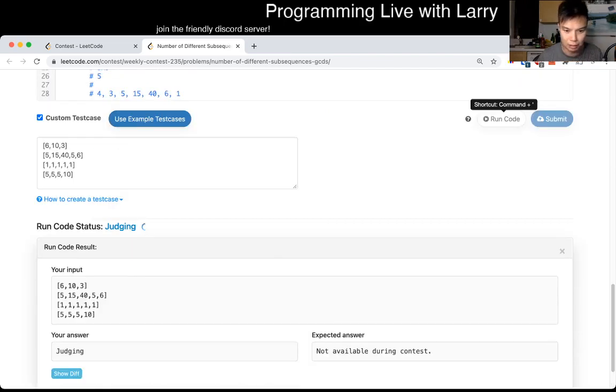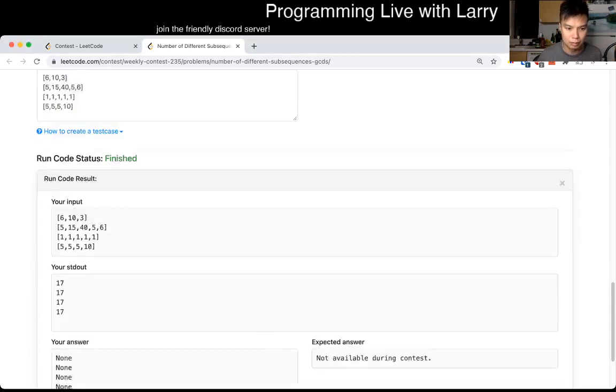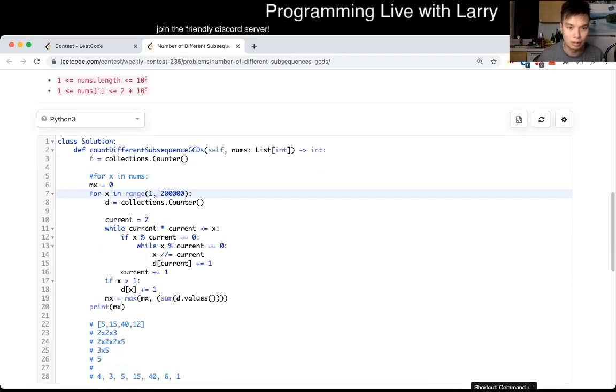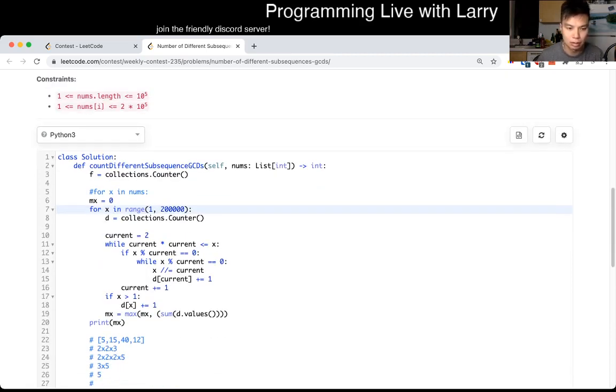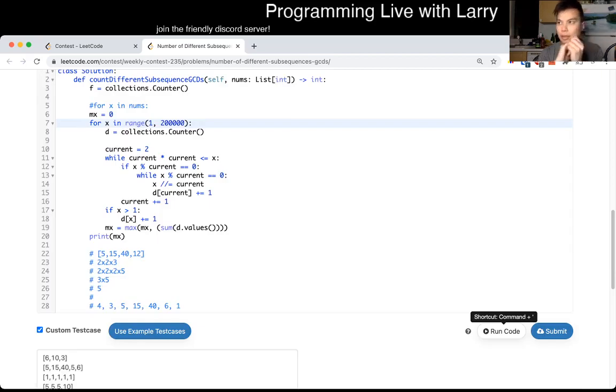Maybe I should have done it locally. So 17. No, that's not what I want to do. That's not the number of divisors, that's just the number of unique primes.